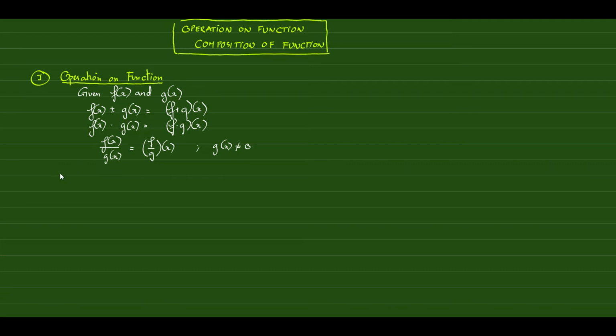Let me give you a basic example first. I give you two functions like this. f of x is x plus 1 and g of x is 3x minus 2, something like that. Now I want you to find f of g of x.